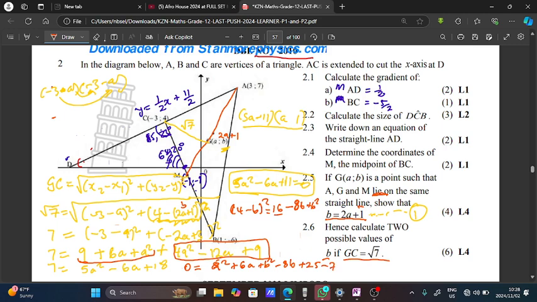So what is 25 minus 7? 18. So we have 0 equals a squared plus 6a plus b squared minus 8b plus 18. That will be our second equation.